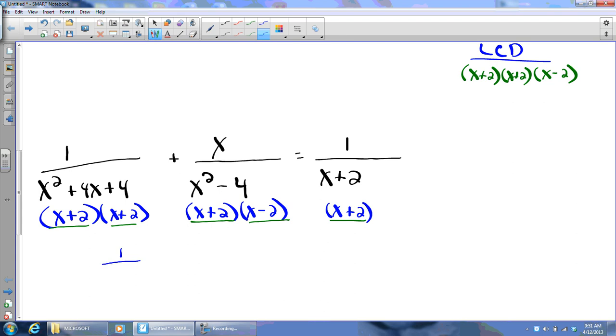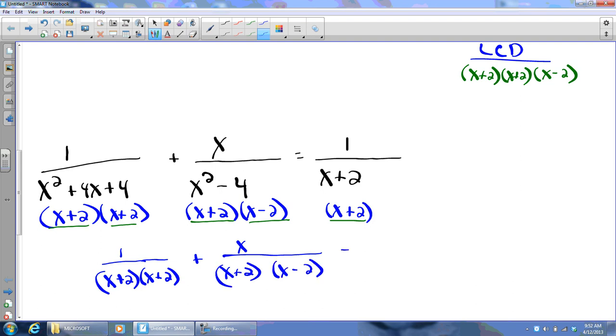So I have 1 over x plus 2, x plus 2. And then I have x over x plus 2, x minus 2. And that'll equal 1 over x plus 2. Okay, I'm going to multiply them all by x plus 2, x plus 2, x minus 2.